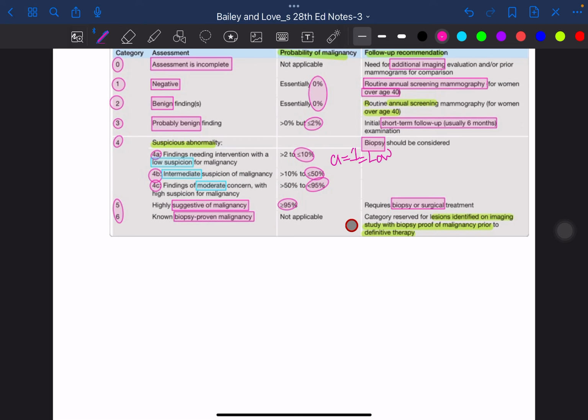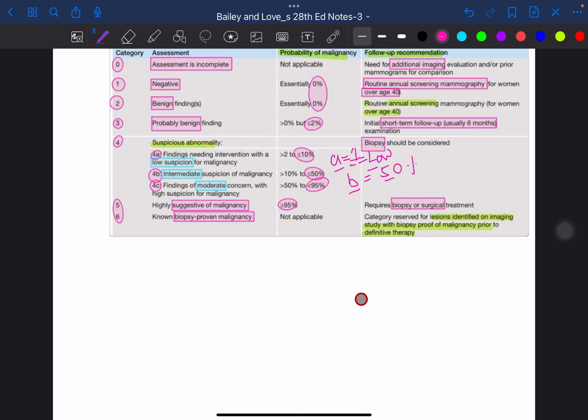And then B is intermediate, in between A and C. So in B, the probability of malignancy increases from 10 to 50%. So B is, just remember, 50%.